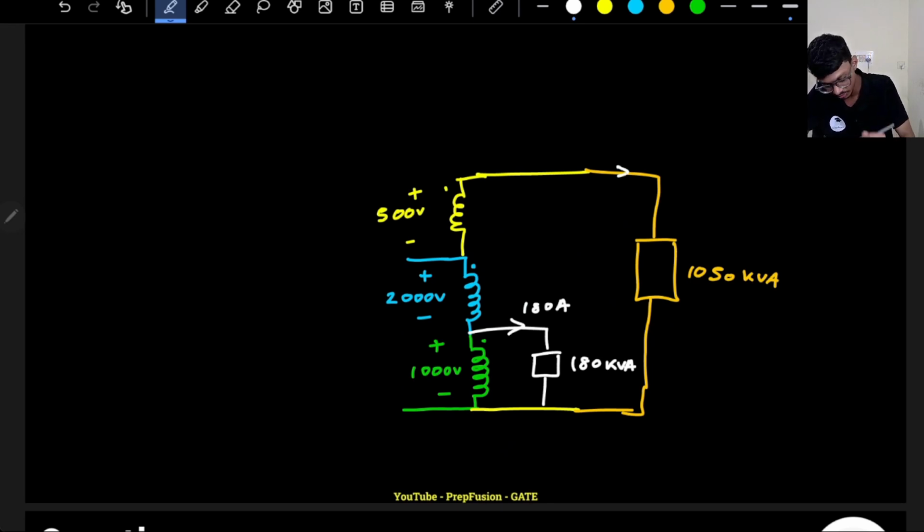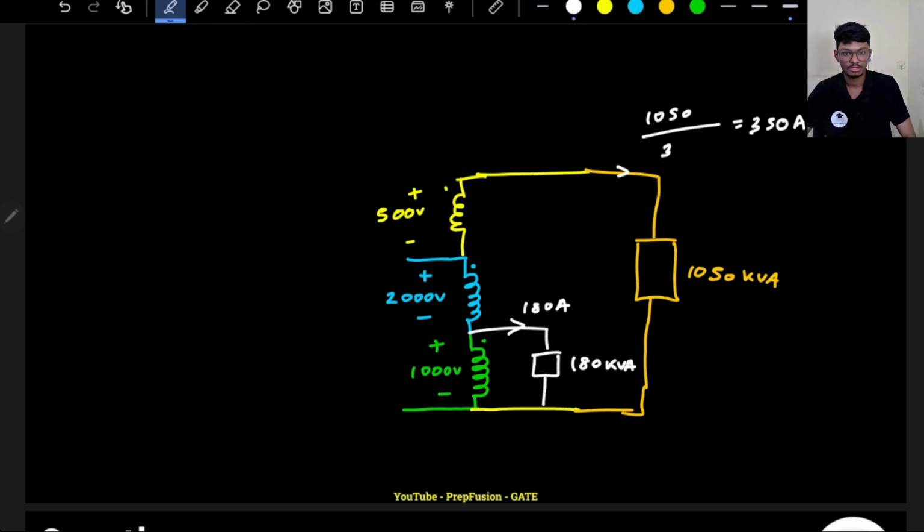What is the current drawn by this load? 1050 kVA upon 3000. So it will be 1050 upon 3. So this value will be 350 basically. So 350 amperes will be coming out from here.